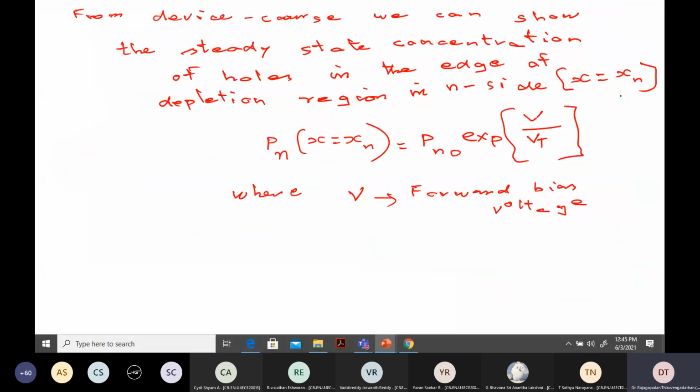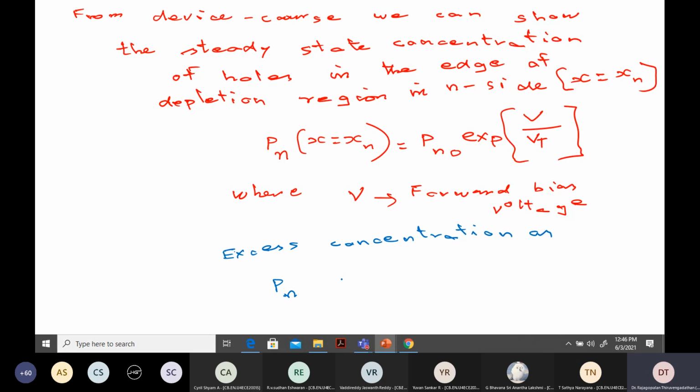So with that in mind, I am writing this equation for the excess concentration. P equal to Pn, and Pn naught is already there, so I have to subtract Pn naught.